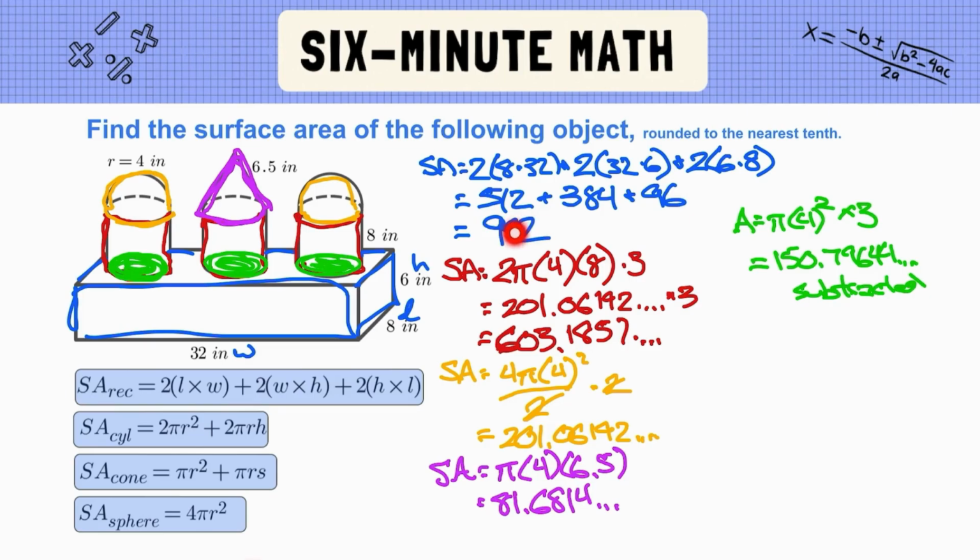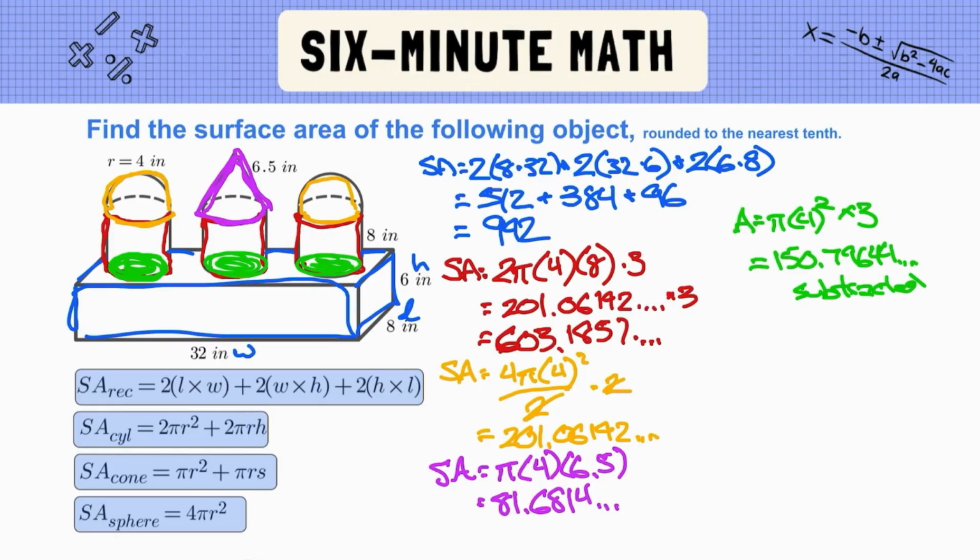So what do we have? We have the rectangular prism plus the 3 lateral sides of cylinders plus the 2 hemispheres plus the lateral side of the cone, subtracting the 3 circles where they connect to the rectangular prism.